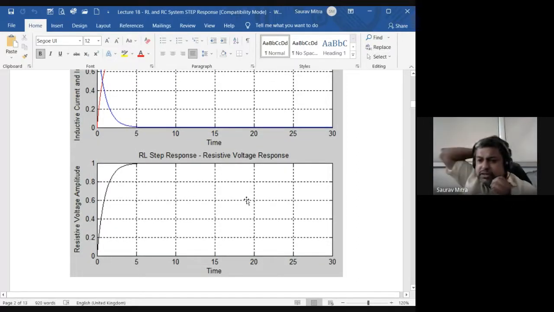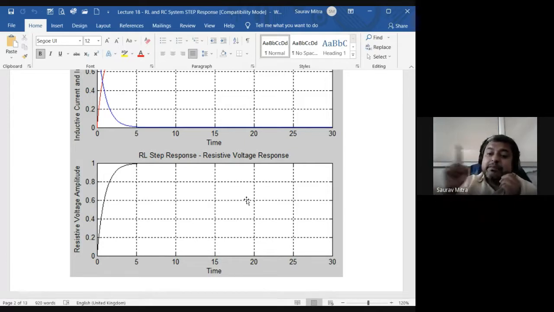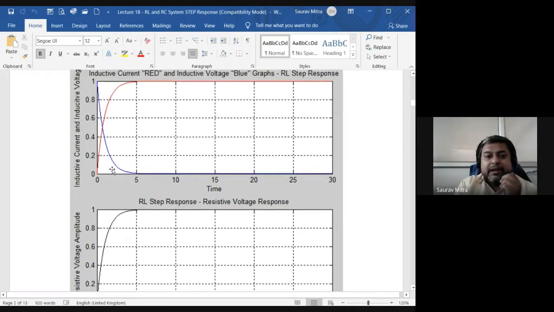Now resistive voltage is equal to R into IL. So if IL is building up, R into IL will also build up. Whatever the graph of IL, the red graph, its curvature, its slope and all these things, you will find that the resistive voltage graph below has the same curvature, because the red graph is for IL, it is changing. 0 to 5 is transient, 5 to 30 is steady state.